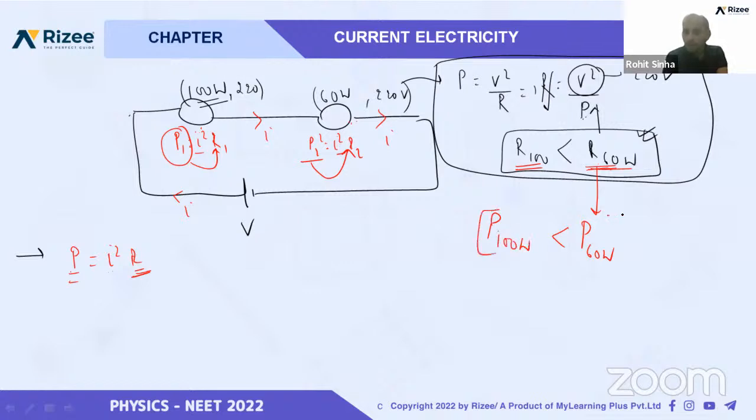Now what will happen when we connect them? This will consume more power, which means it will glow more. If it is consuming more electricity, more power, it means that it will glow more as compared to this. This will take less current, so it will glow less as compared to the 60-watt bulb.